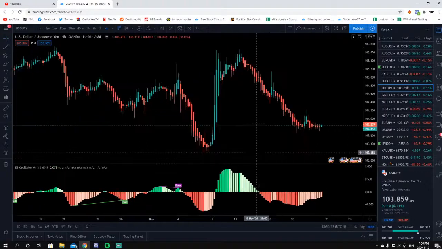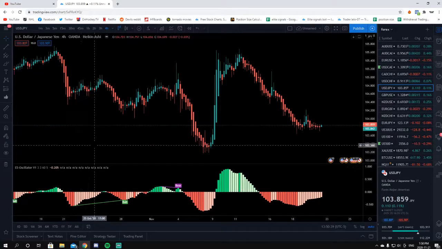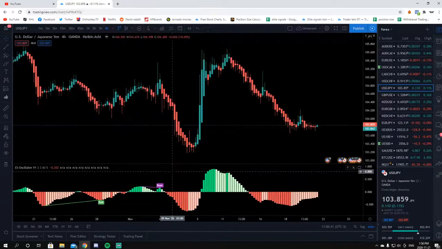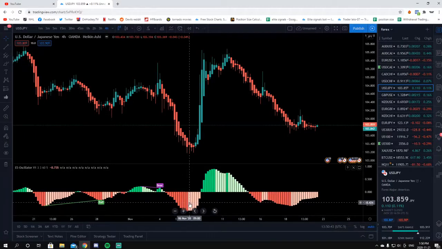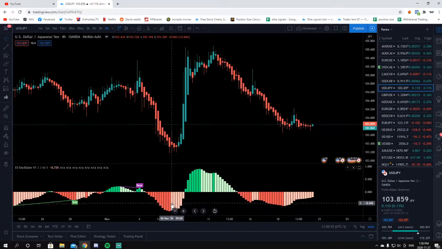Let me show you guys a quick strategy you can use with just this if you don't want to use the ES bot. One thing I like to do is wait for a sign of weakening. So let's say, for example, right here on these red candles, as the price was going down, I see that over here it turned to a lightish pink.